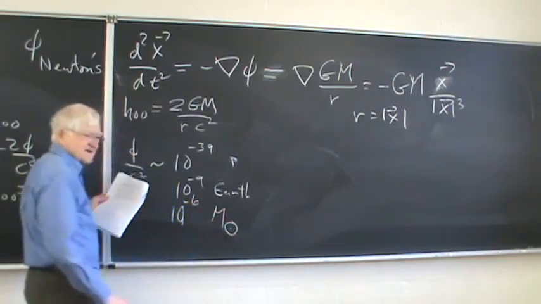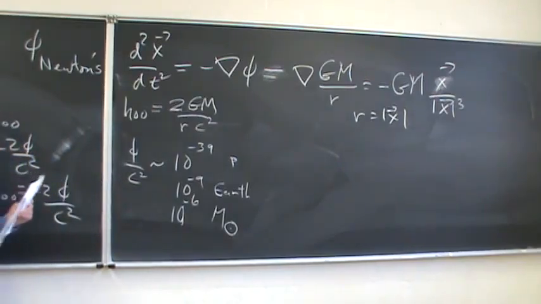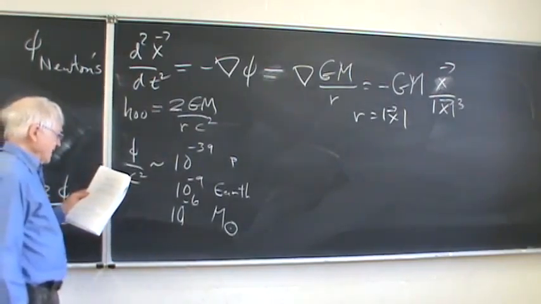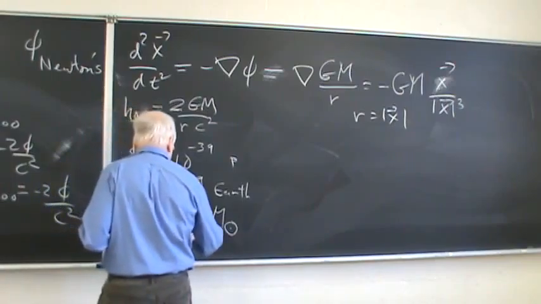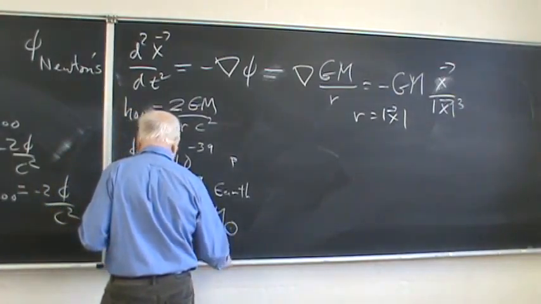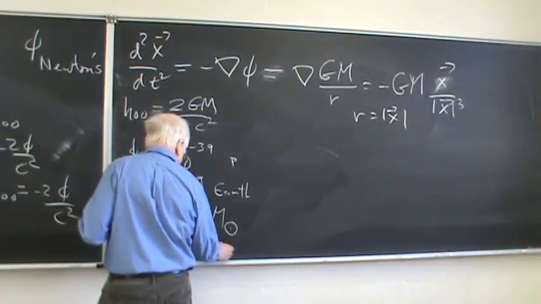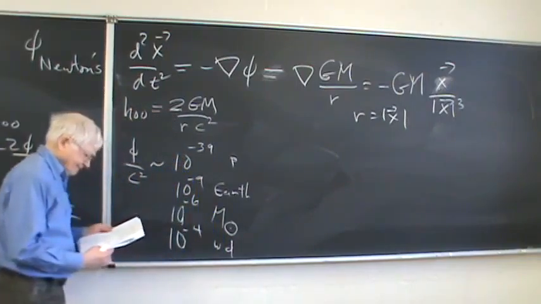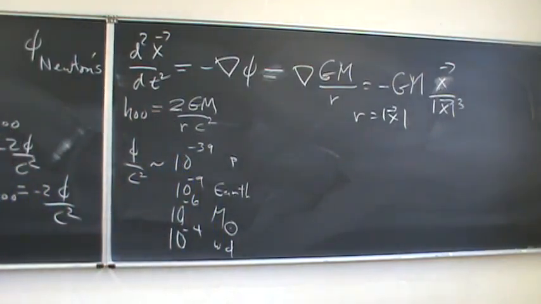I think that's the symbol for the Sun, but it may not be. And 10 to the minus 4 on the surface of a white dwarf. So what that means then is in almost every case, these approximations that I've been making are excellent for the static case. And of course, in most cases, these things are static.